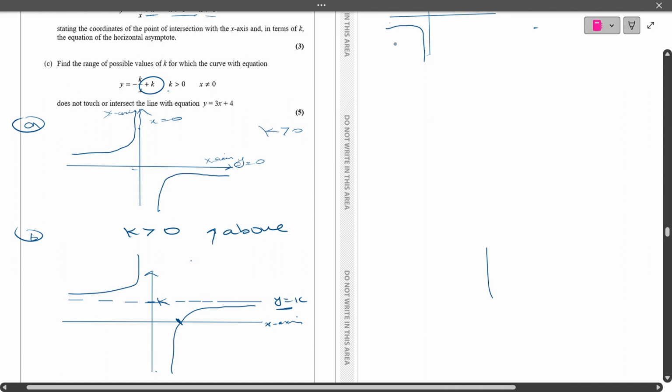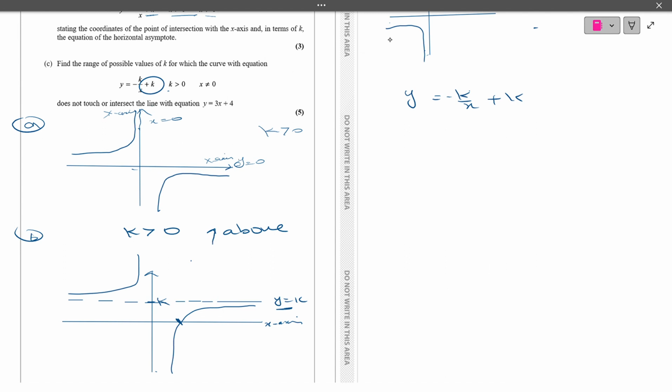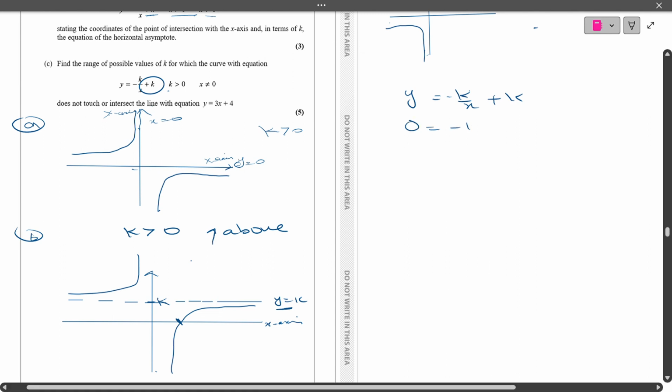For that, the equation is negative k over x plus k. Because I'm finding the x-intercept, y will be 0. So if y is 0, minus k over x plus k equals 0, I can write it as k over x equals k, and k over k equals x, so x equals 1.